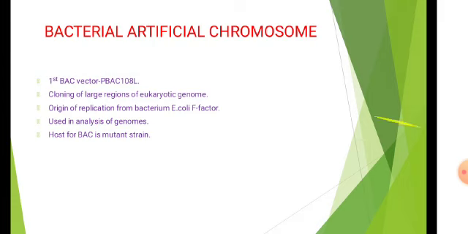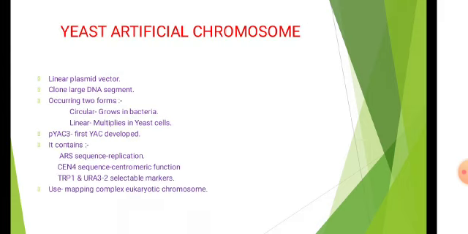The last slide for this session is the yeast artificial chromosome. As I already told you, yeast is a unicellular eukaryotic fungus. The yeast artificial chromosome is a linear plasmid, and it carries large DNA segments. There are two forms, a circular form and a linear form.